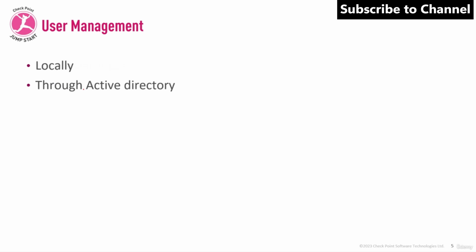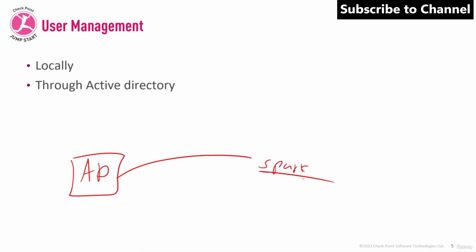You can create those users locally on the appliance, or you can sync and get them through Active Directory. So in the next demo, I'm going to connect my Active Directory server with my Spark appliance. Let's see how easy that is.